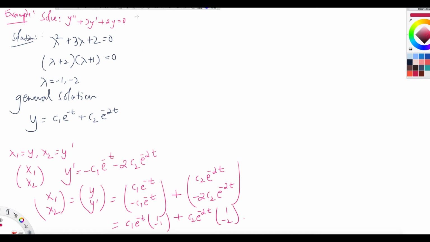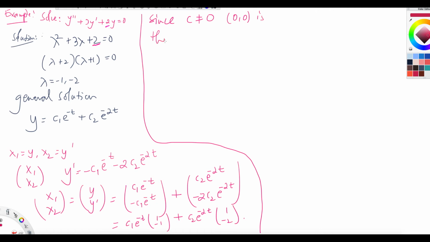And also the question is asking what is the equilibrium point here? Since c is not equal to 0, right? You see that this is c. Since c is not equal to 0, then 0, 0 is the only critical point or equilibrium point, right?